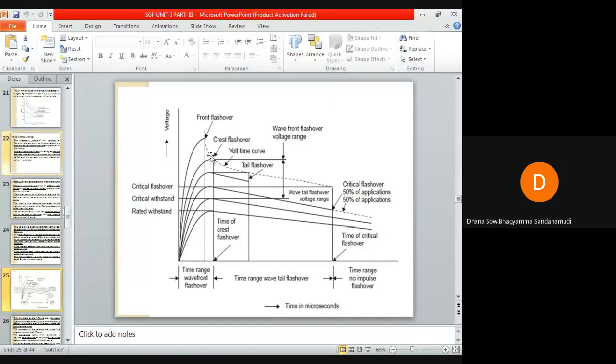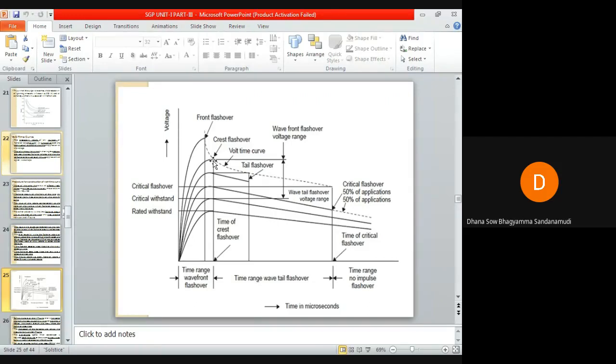to the insulation of the equipment, I have given some overvoltage which is less than the previous overvoltage value. If flashover occurs, you know what is meant by flashover. If insulation breakdown occurs at the peak of the waveform, suppose if you see the second curve from the top, at the peak flashover has occurred, at this particular point where I have put my cursor.